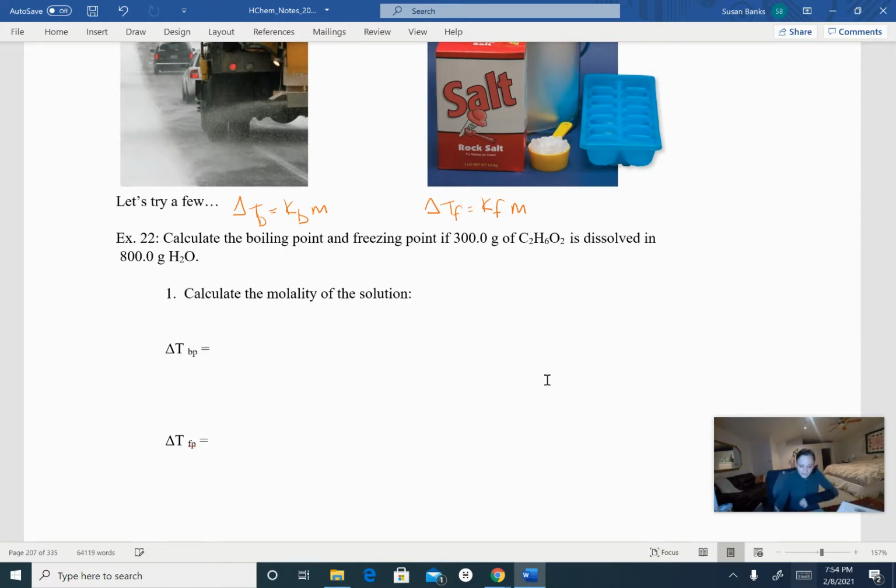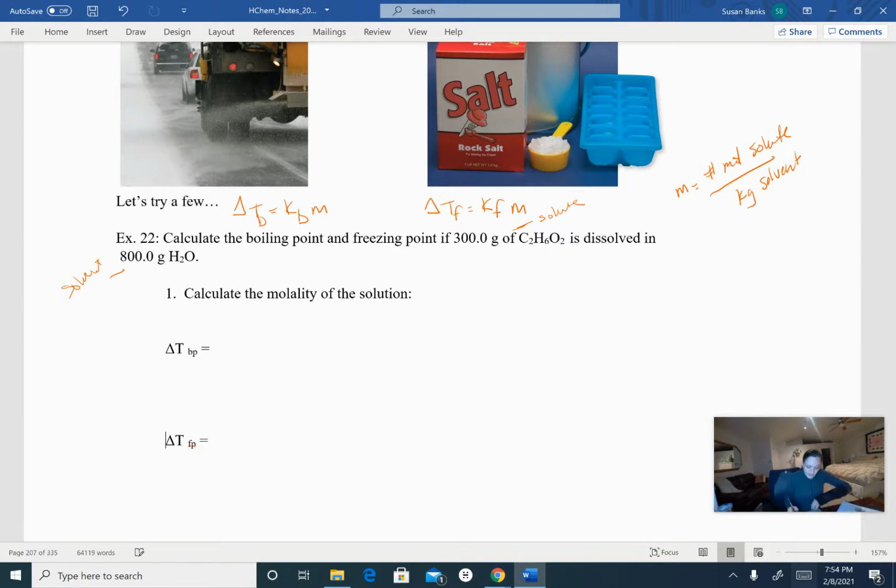So molality, if you remember, little m, is number of moles of solute divided by kilograms of solvent. So hopefully you are realizing that this is our solute and this is our solvent, right? So the very first thing we've got to do is calculate our molality.